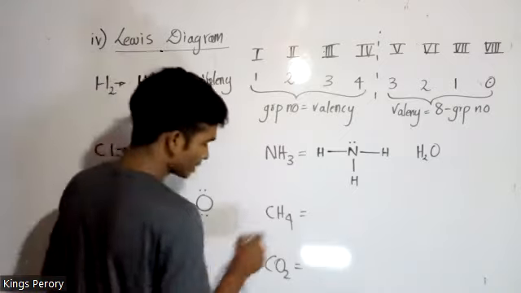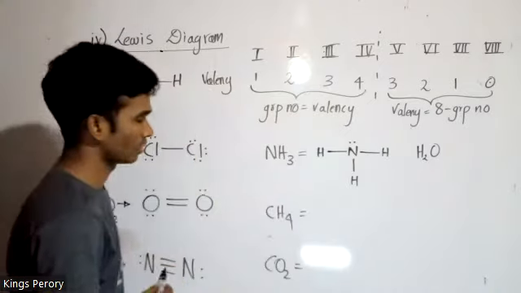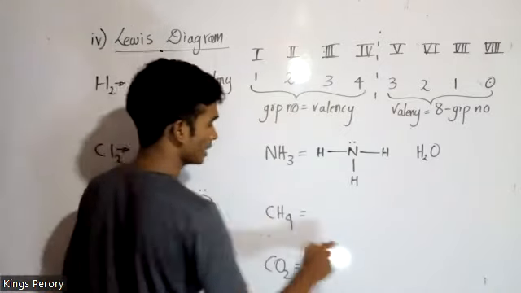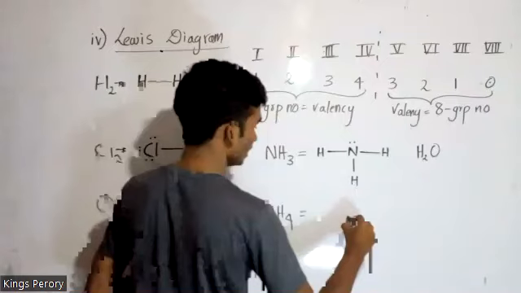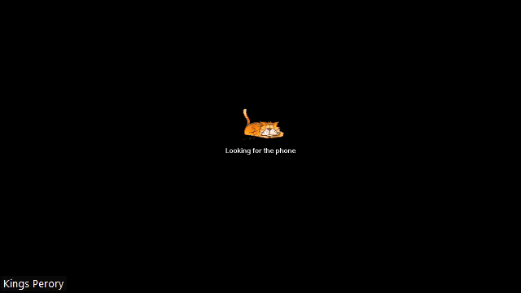Right. Next, coming to methane, CH4. 1 carbon is there, so carbon is the central atom. Again, that problem is there, like last class.